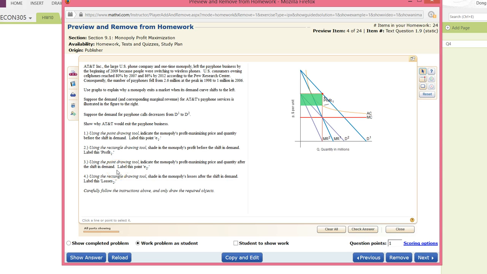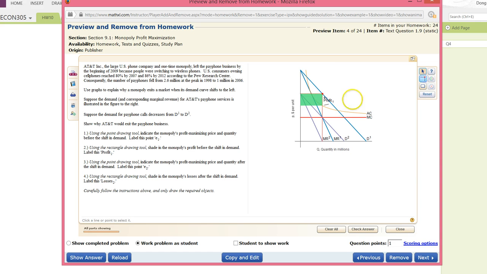The second part is relatively easier if we can comfortably do the first part. So 3, using the point drawing tool, indicate the monopoly's profit maximizing price and quantity after the shift in demand. After the shift, demand shrinks, and so the marginal revenue also shrinks to MR2, but the marginal cost stays the same.